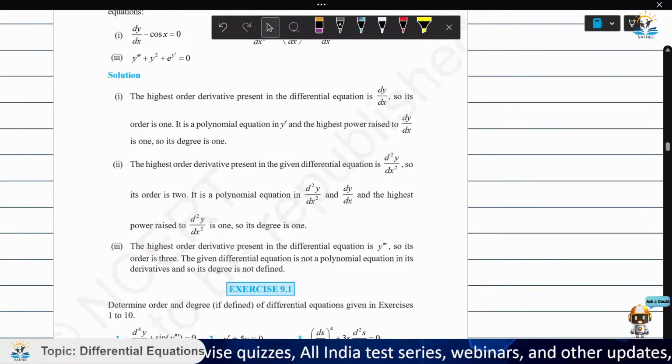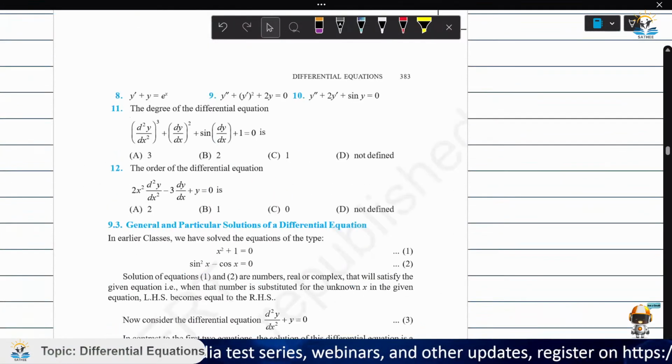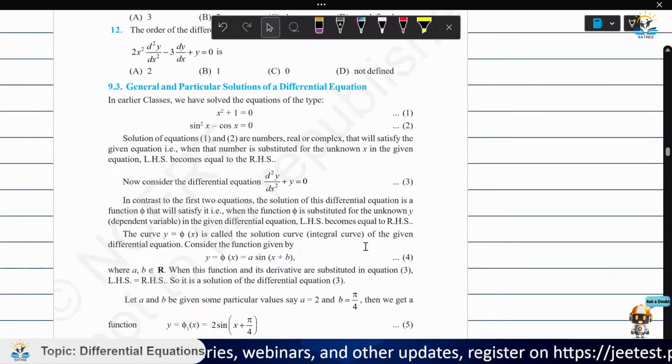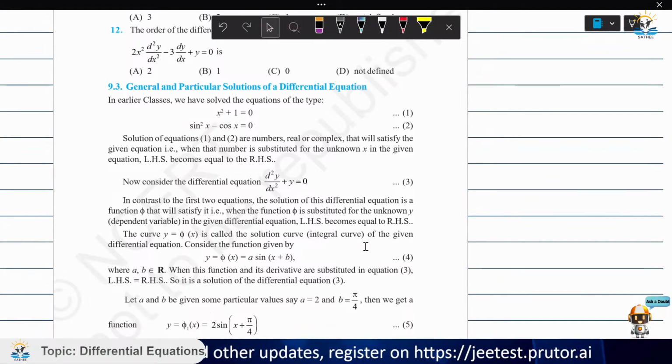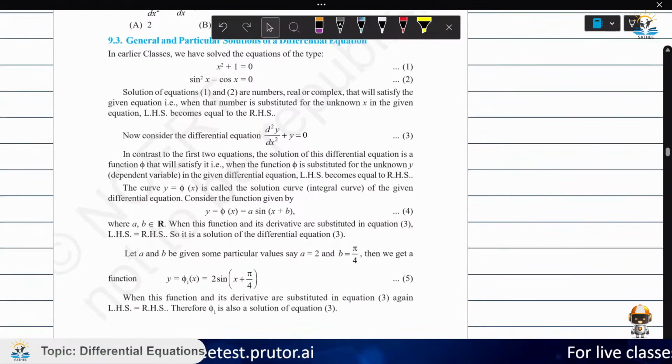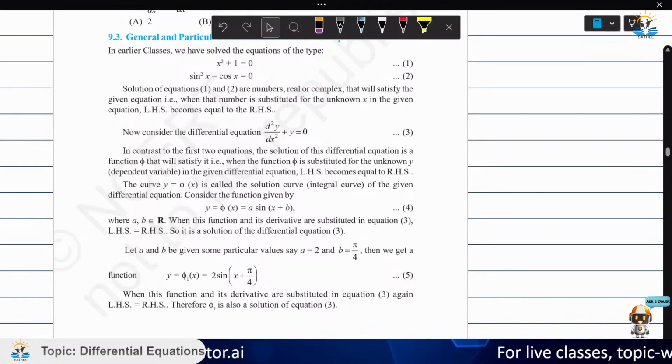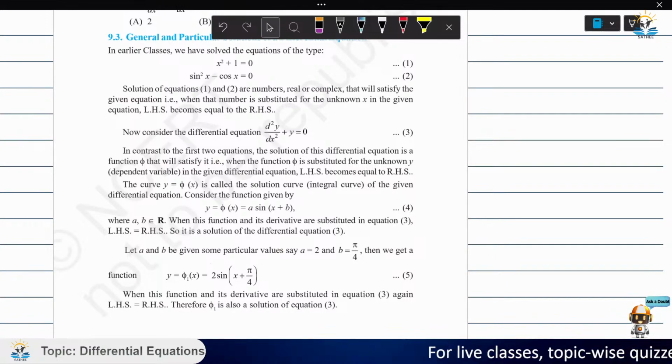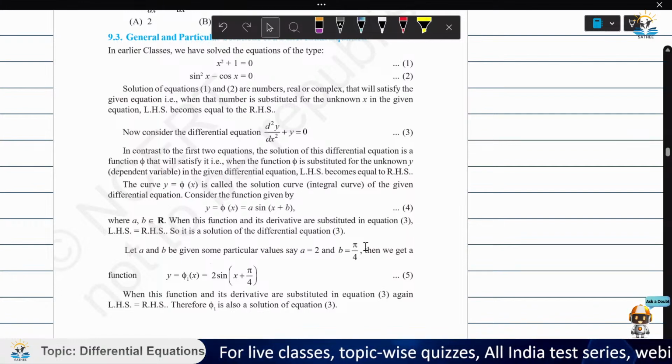Now the general and particular solution of a differential equation. The solution of an algebraic equation is a number that will satisfy the given equation when it is substituted for the unknown x. Now considering the differential equation, in contrast to the first equation, the solution of this differential equation is a function phi that will satisfy it when the function is substituted for the unknown y in the given differential equation.